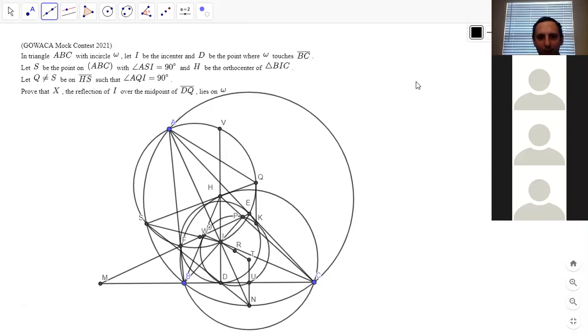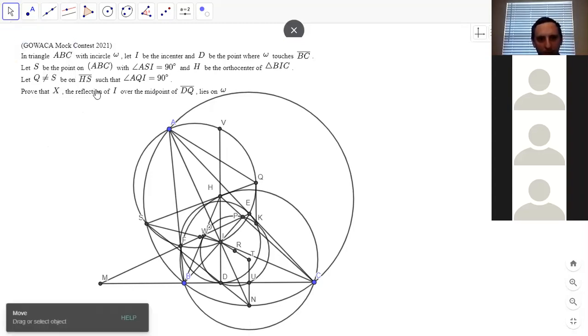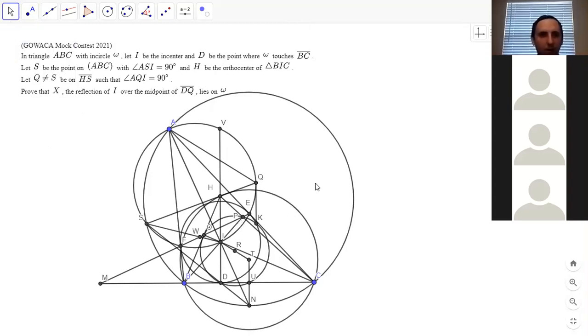I agree with you. Yeah, it's a short problem statement, but it looks like a deep configuration. It's hard.